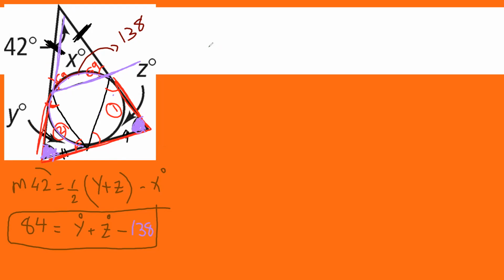Since it is isosceles, if this is 42, this will be 69, and this will be 69. So here is 69, and here is 69.